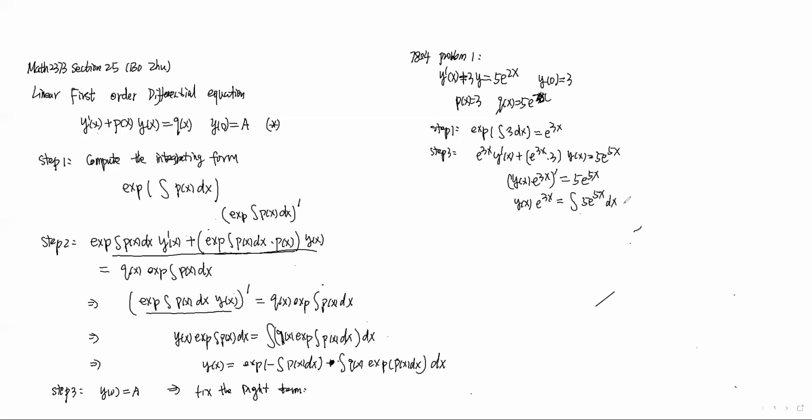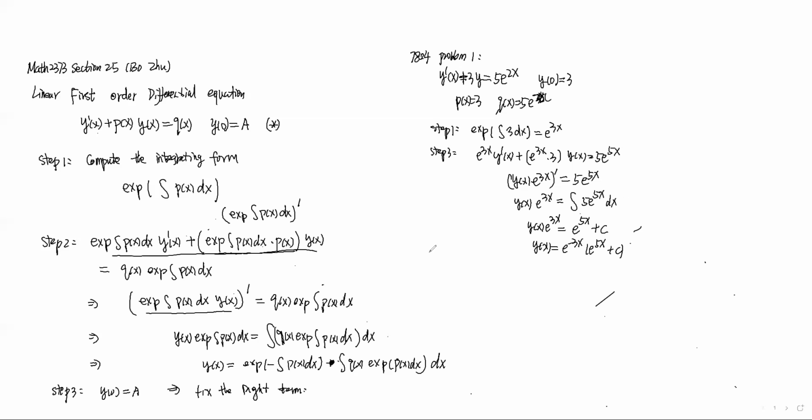You don't have to add c here yet, but we get y(x)e^(3x) is e^(5x) plus c, and then y(x) is e^(-3x)(e^(5x) + c). Like I said, there is a c on the right-hand side.